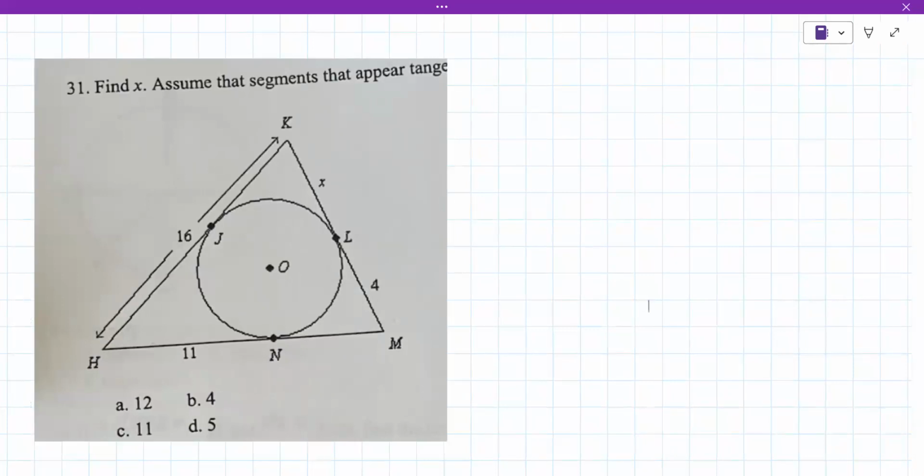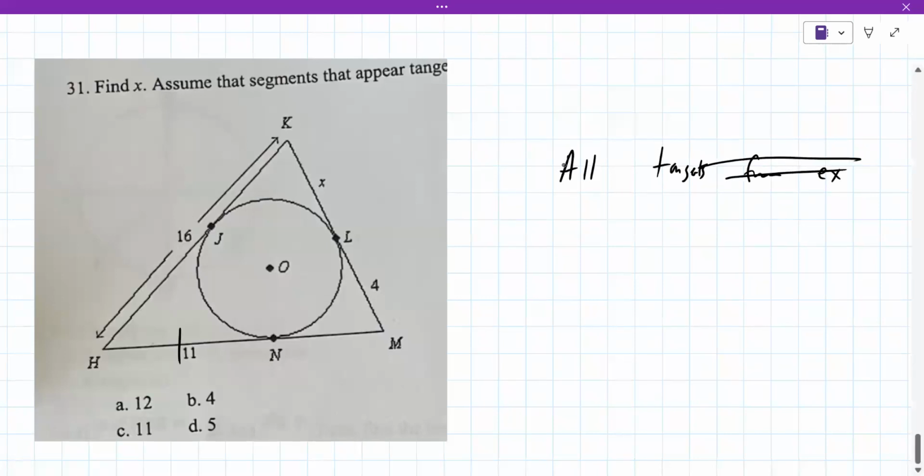Go ahead and give this a try. If you got some questions, let me know. I'll be happy to try to answer them. If HN is 11, does that mean HJ is also 11? Because all tangents from a point external to a circle are congruent. So yes, those are congruent. Okay.